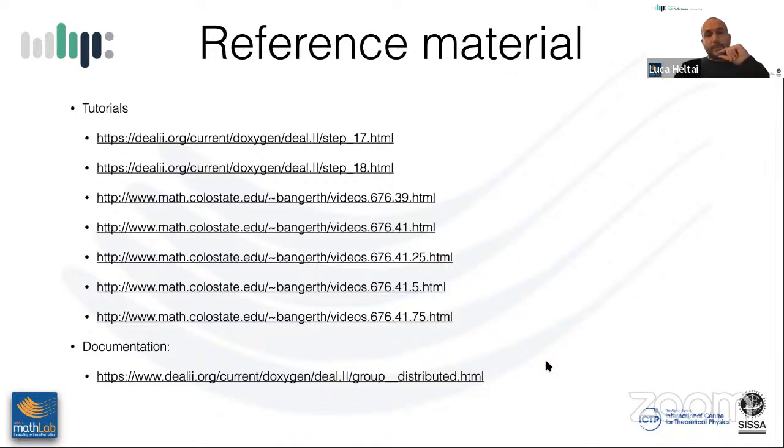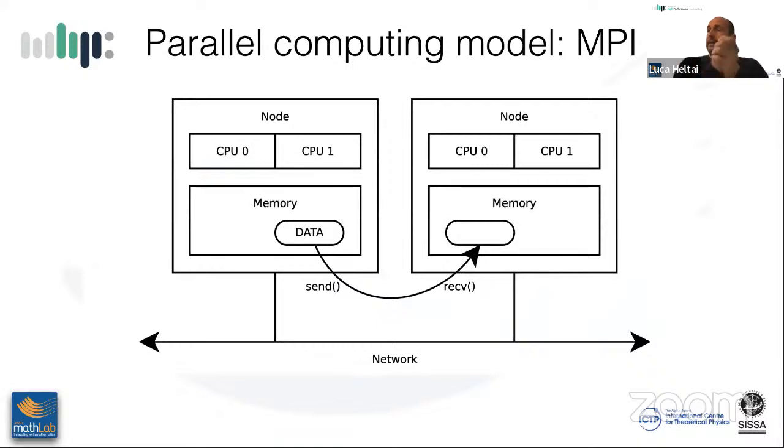So what's the idea behind MPI computing? The idea is that you run multiple copies of your program, the same program, multiple copies, and you identify each one of the participating processes with a process ID.